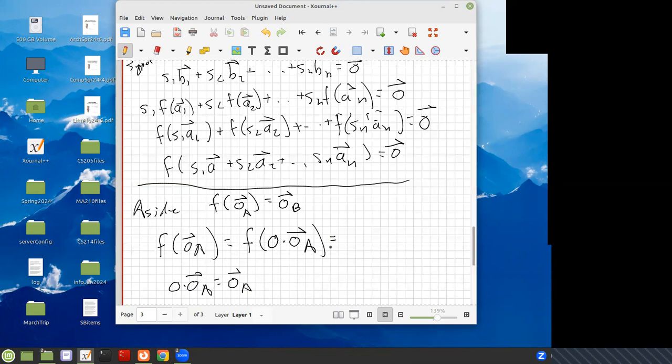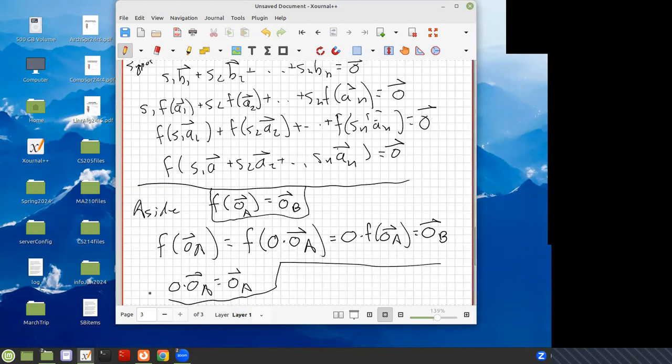But then because F is linear, that's equal to 0 times F of the image of 0 in A, and 0 times any vector in B is equal to the 0 vector in B. So this is true: any linear map maps the 0 vector in the domain to the 0 vector in the codomain.